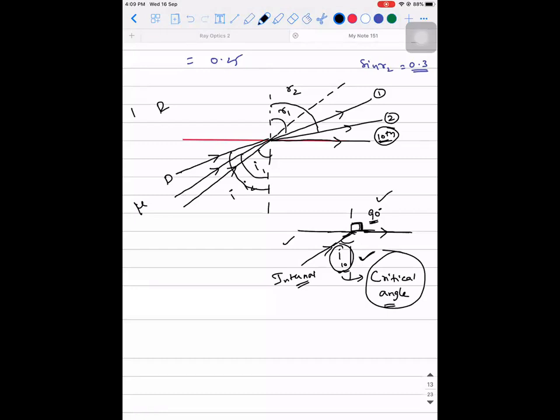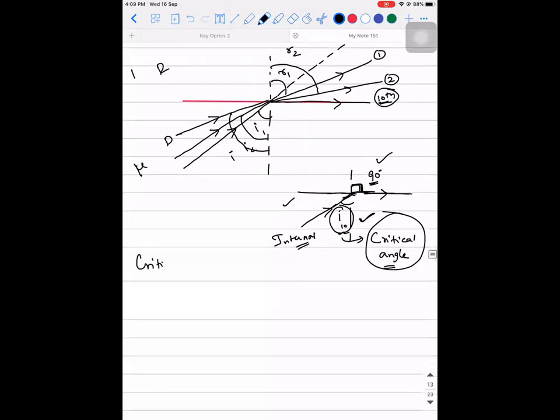When a ray is traveling from denser to rarer medium, the angle of incidence in the denser medium, for which the angle of refraction is 90 degrees, is called critical angle, and it is written as IC or C. That is the symbol that we use.